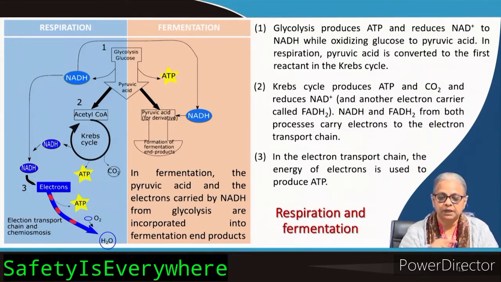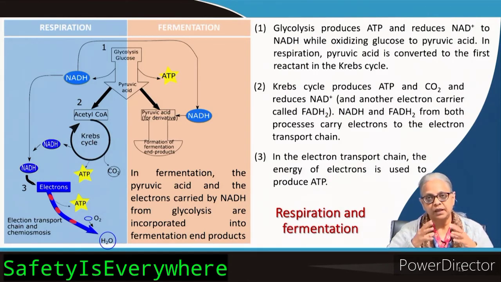This C2 compound enters this citric acid cycle or Krebs cycle and is converted into two more carbon dioxide molecules. So the entire C3 molecule has now been completely oxidized, completely mineralized to 3 carbon dioxide molecules.